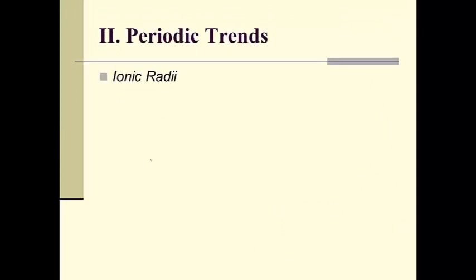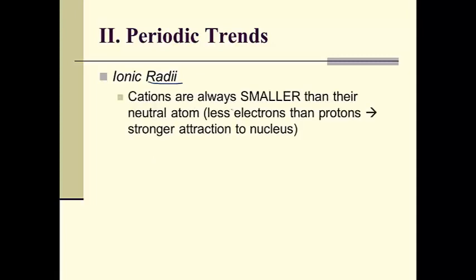Now, ionic radii. What is the radius of an ion? Remember this: cations will always be smaller than the atom that they came from. Why is that? Well, when it's a cation, it has to lose electrons. That makes the attraction between the nucleus and the remaining electrons stronger.